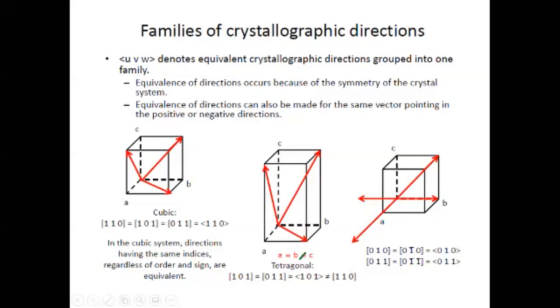Because again, you have fewer restrictions, you're going to have fewer equivalent directions. And this is important because the more equivalent directions, aka planes, you have, the less data you need to collect to get a whole sphere of data, a whole set of data for that particular crystal, because they're all equivalent directions. So you can use symmetry to generate the rest of the data.